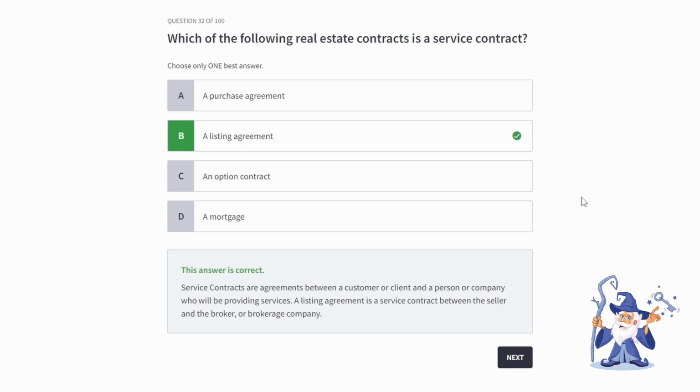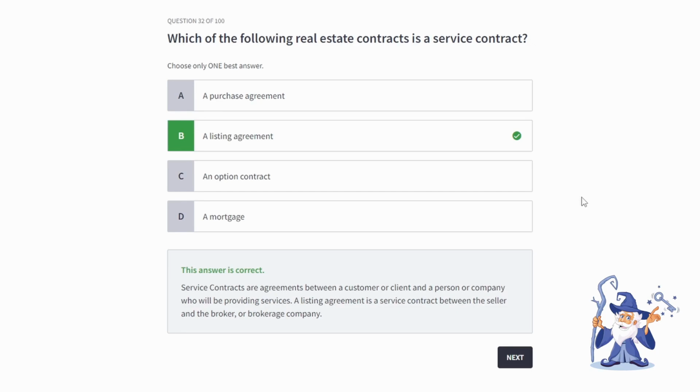And then obviously D, I know some people get confused with this. They might put, oh well, a mortgage company is providing a service technically to the buyer, and that is correct. But notice how it says D, just a mortgage. It's not really specific on what type of agreement. Who knows if it is a service contract? It's not really detailed.